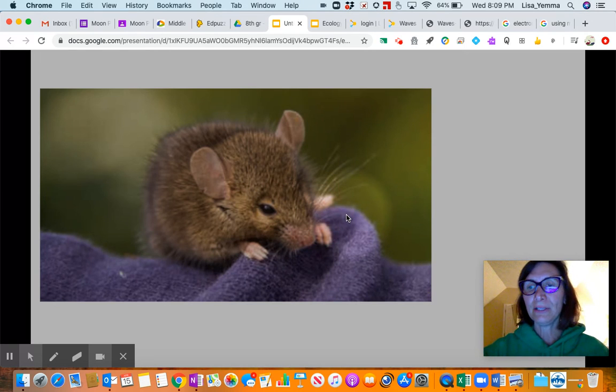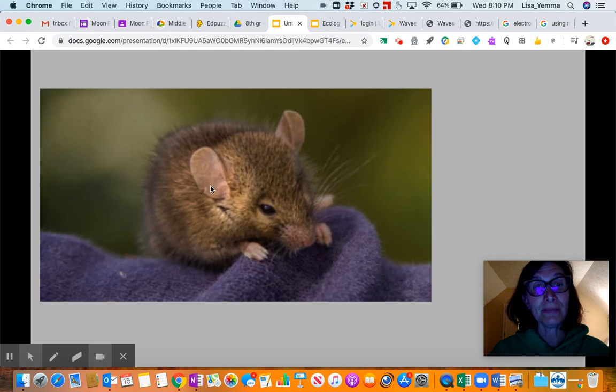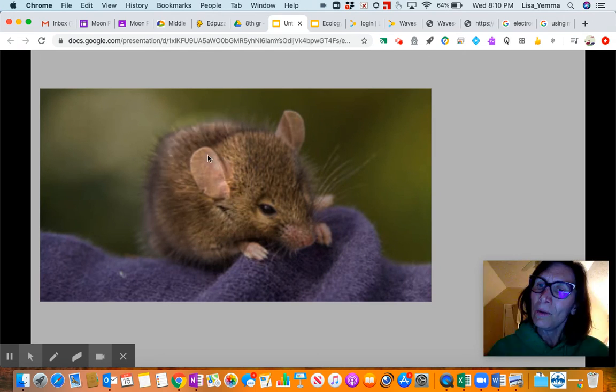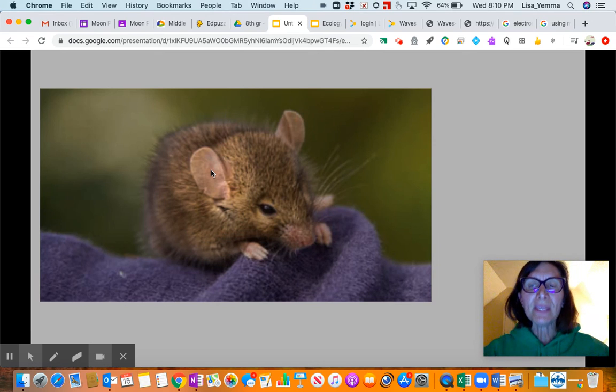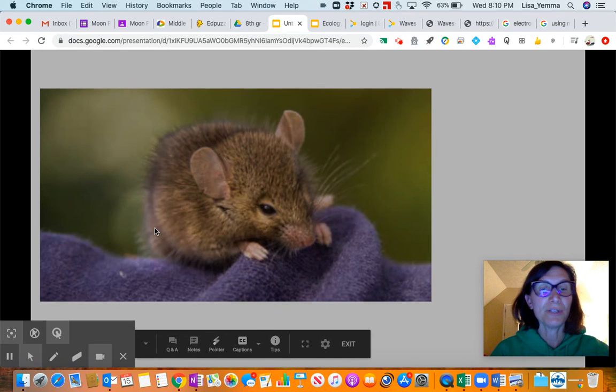If you look up ears on mammals, you're going to get some real cute pictures. This little mousy mouse, he's real cute. And that little mousy mouse has these really interesting curved ears, right? And they're kind of big. Why do you think they're curved like this? Why do you think the ears of a mouse are concave? Good question, huh?